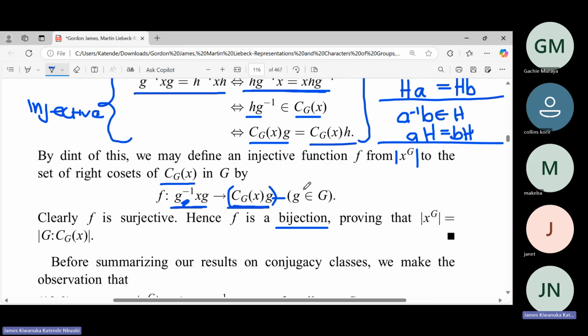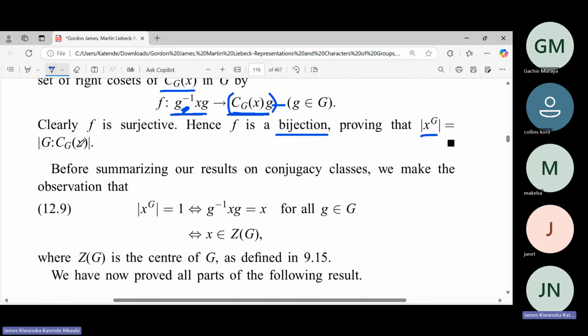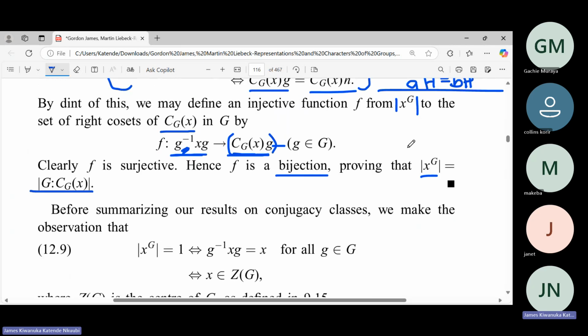Now, if you're working with finite groups, anytime you have a bijection between two finite sets, in this case they are not groups, they are sets, this is a bijection between the conjugacy class of X and the right cosets of the centralizer of X in G. Every element is sent to some right coset.